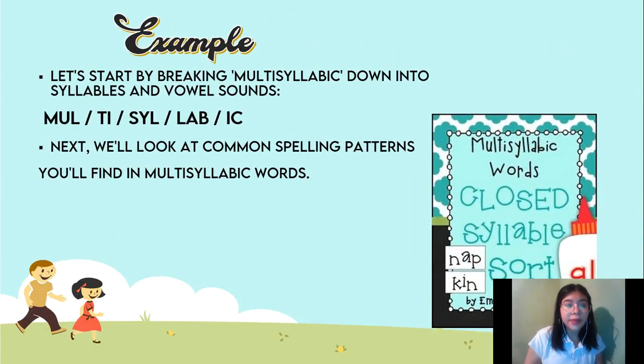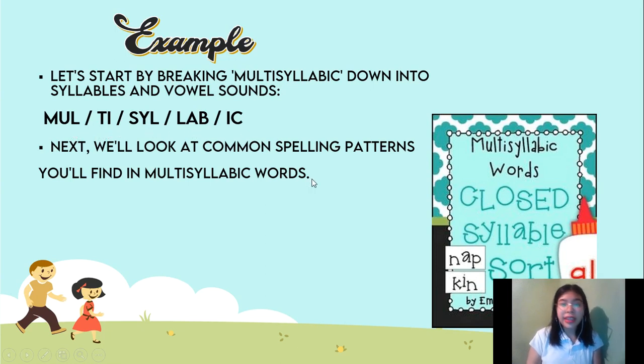Let's start by breaking a multisyllabic word down into syllables and vowel sounds. Here we have the example of the word that brought us here in the first place, multisyllabic. We're going to divide the word multisyllabic into its different syllables.